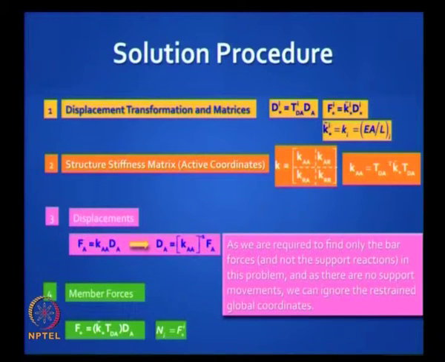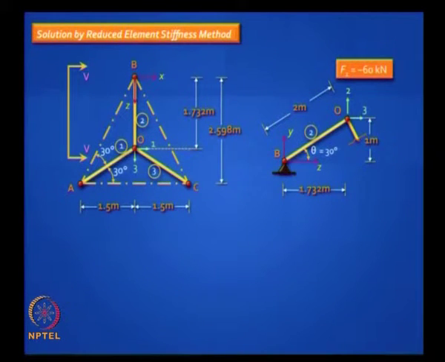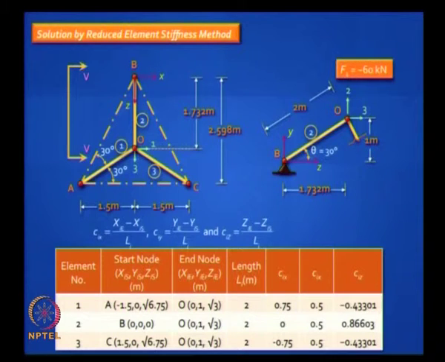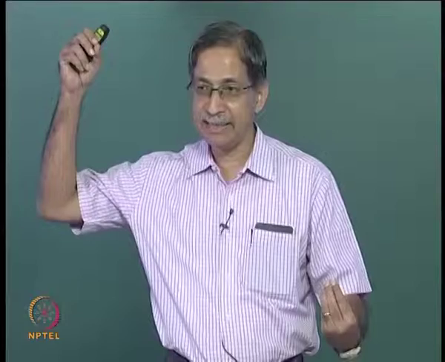So the procedure is as we did in the previous example, but we are dealing with a space truss. This is our truss. Here again, for the coordinates chosen, it is possible to write the start node, the end node, the CIX, CIY and CIZ, okay, clear? You can do it. Then the start node is arrested in all the 3 legs, so the active coordinates are at the end node.